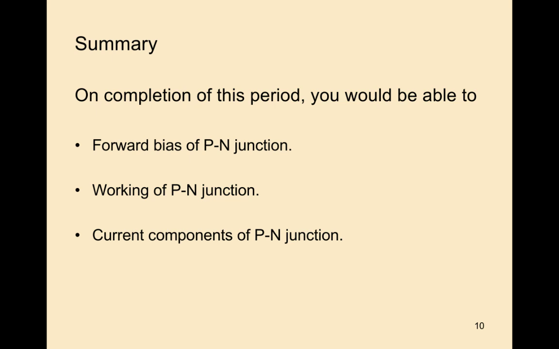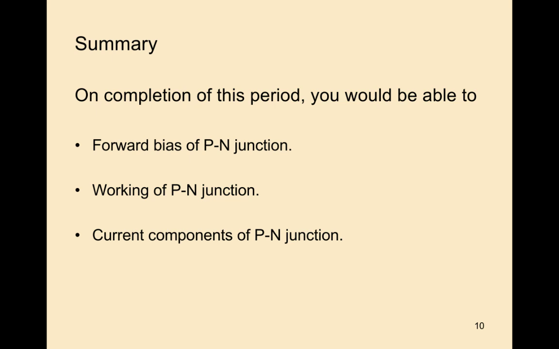Take one battery, and the battery positive is connected to the P side and the battery negative is connected to the N side of the diode. By connecting in this way, you call the device to be in forward biased mode. Now what is the working of the PN junction under forward bias condition?